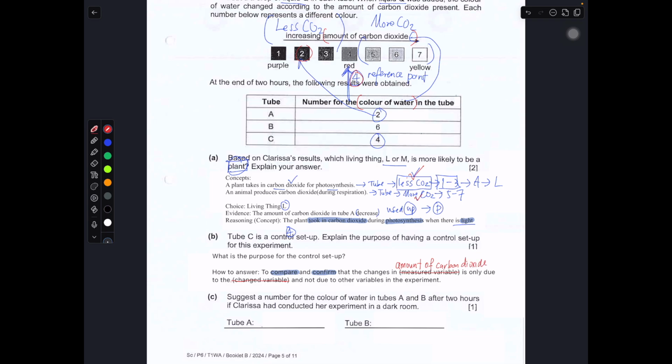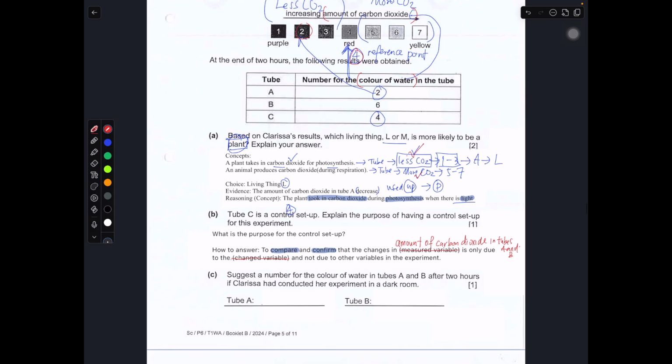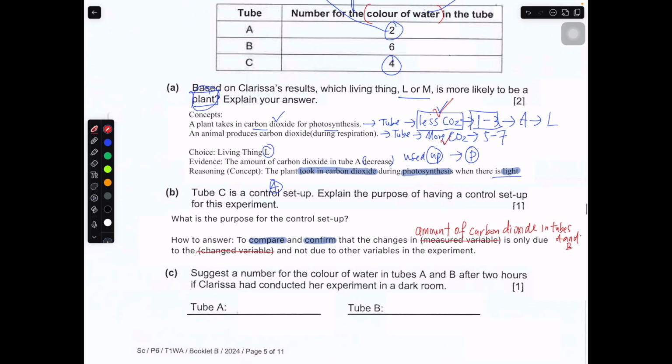To compare and confirm that the amount of carbon dioxide in tubes A and B is only due to the type of living thing, which is the plant or animal, and not due to other variables.